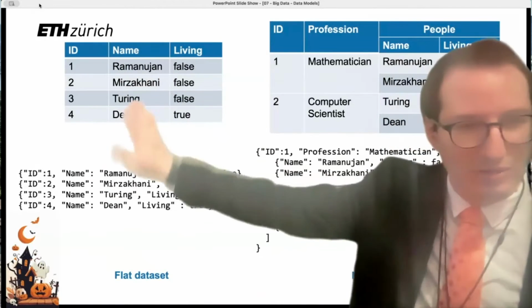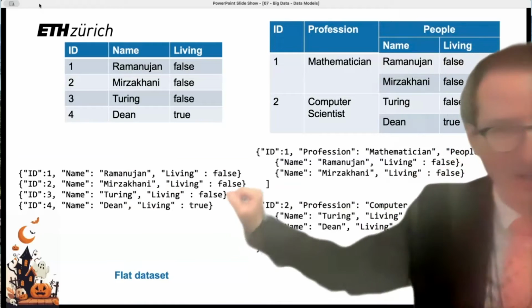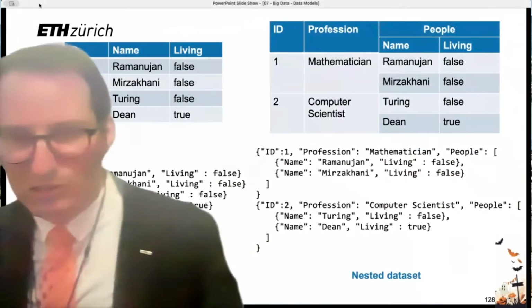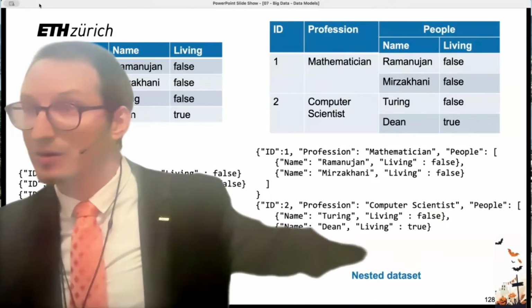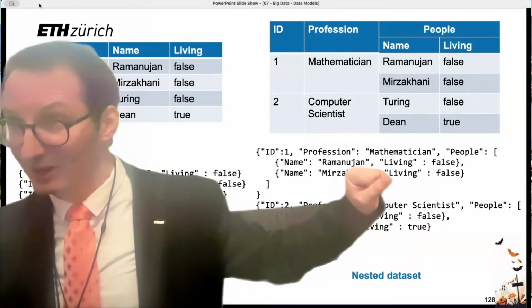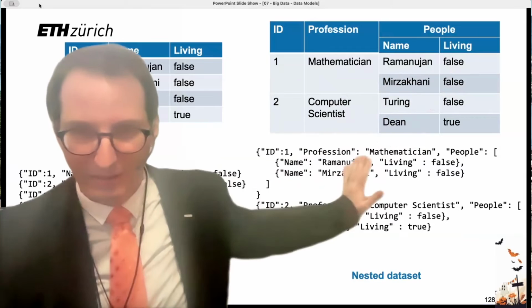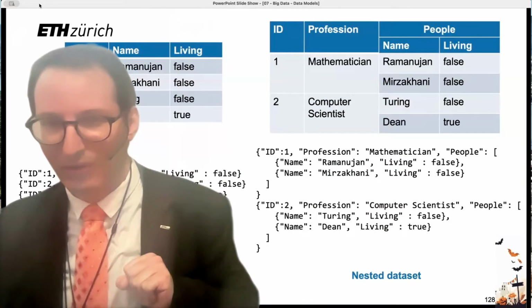So in that case, if it's a table, we say it's a flat data set because there is no nestedness. And if we have nested arrays, nested objects, then we say that it is a nested data set. And that breaks the atomic integrity, right? The atomic integrity is broken, and you can see the lines here don't go the whole way. And this is how you recognize, in that case, you have nested arrays of objects.